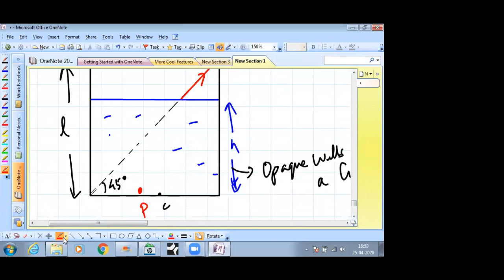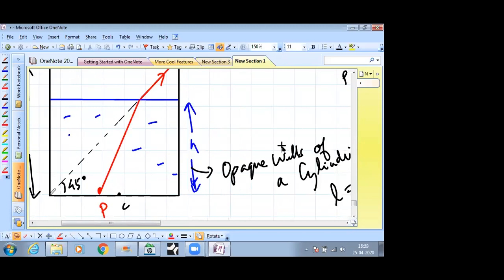So the incident ray for that refracted ray is actually this one. This should be the incident ray.